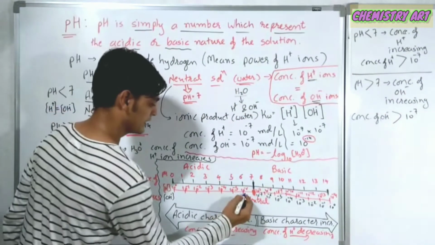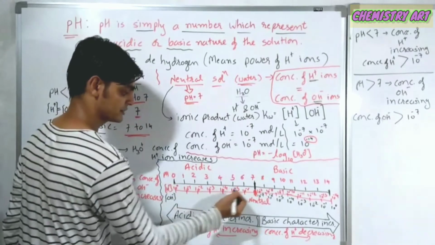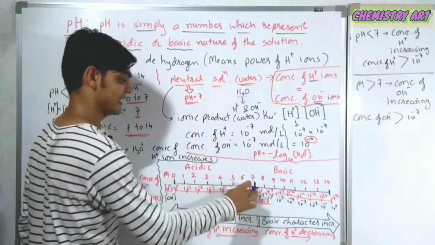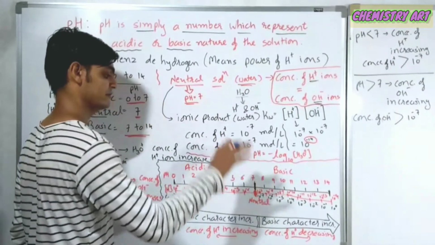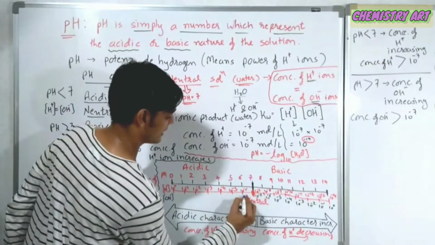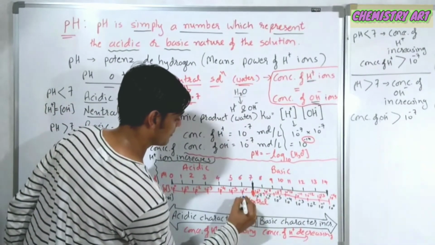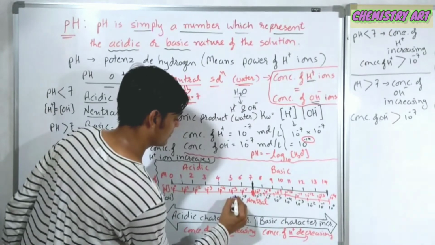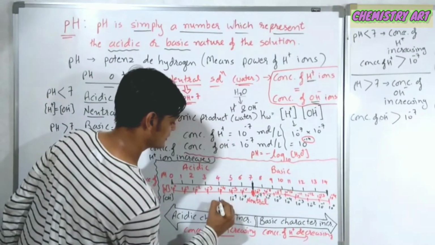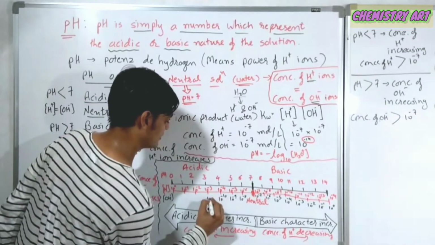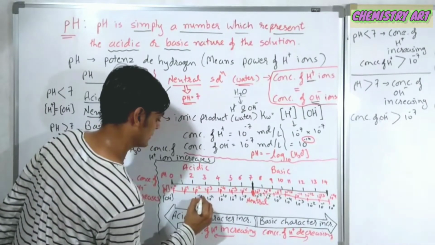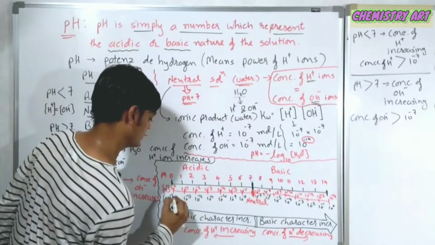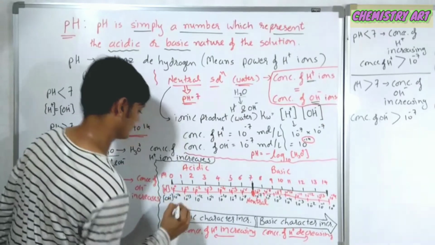On the acidic side the concentration of OH minus will be less, so I write 10 to the power minus 8, minus 9, minus 10, minus 11, minus 12, minus 13, and minus 14.